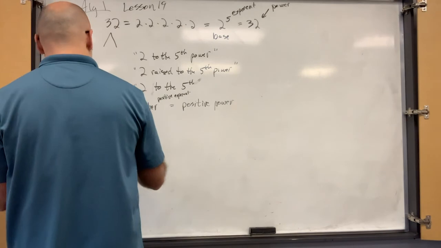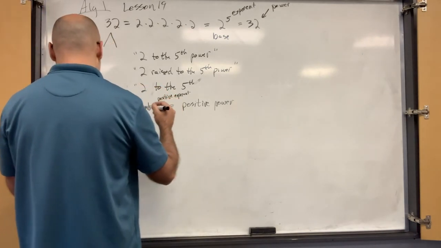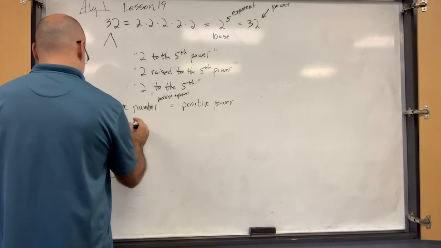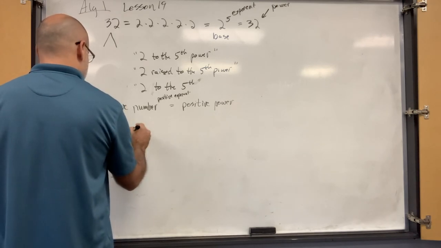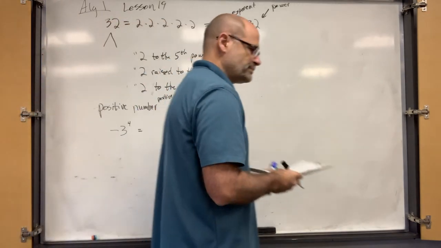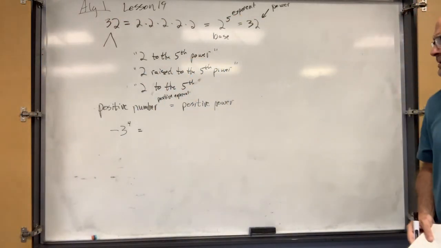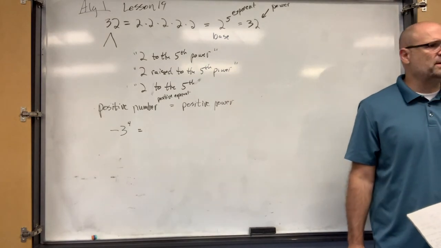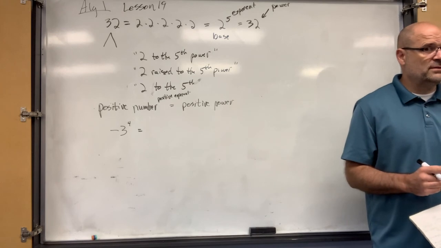Let's start with this one. So let's say we've got negative 3 to the 4th. Okay, well, what is being raised to the 4th power? What is that 4 being applied to? Just the 3, okay?